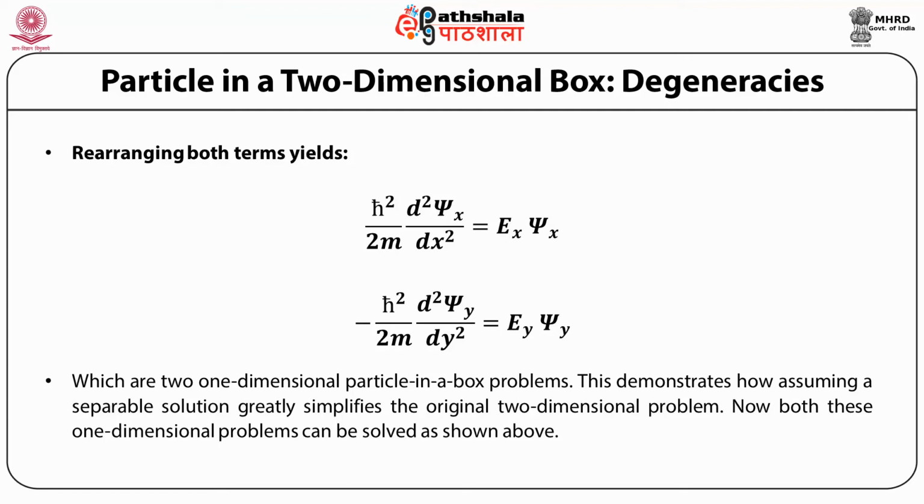So when everything is put together, the total wave function for the particle in a two-dimensional square box is psi xy equal to 2 by a, sine of nx pi x by a multiplied by sine of ny pi y by a, where nx and ny are independent integers.